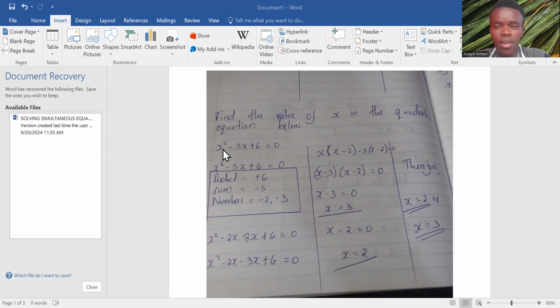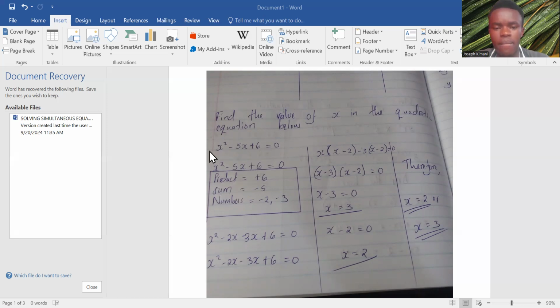Now, we have our equation as x squared minus 5x plus 6 equals 0. Whatever I'm doing here, I'm trying to expand this central value, such that it can be factorized in both the first value and the third value. There's usually a method you just call product, sum, number.